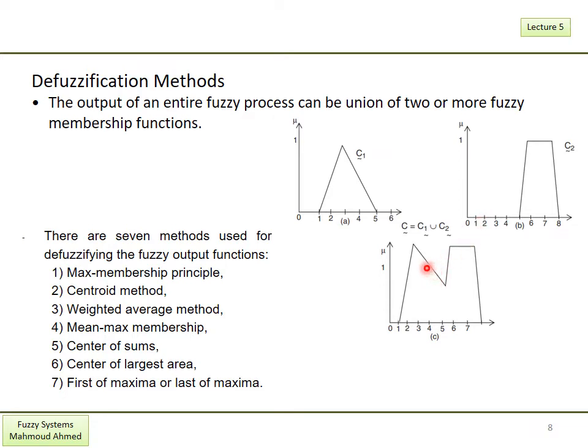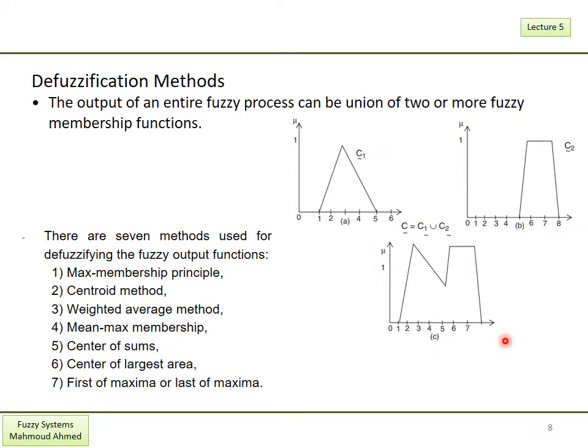This means that taking the union, we put both the fuzzy sets together. We can find we have here an overlapping area, but at the end, both fuzzy sets construct this result, which is a fuzzy membership that represents a combination between a trapezoidal fuzzy membership, which represents this part, and the other part is a triangular fuzzy set. At the end, we will deal with this combined fuzzy membership function.